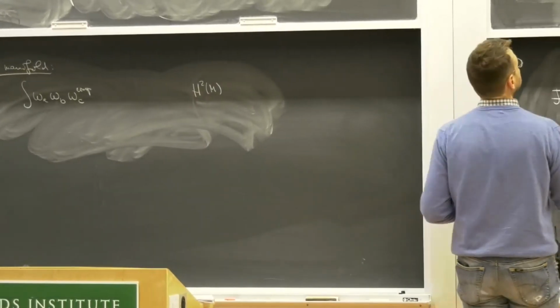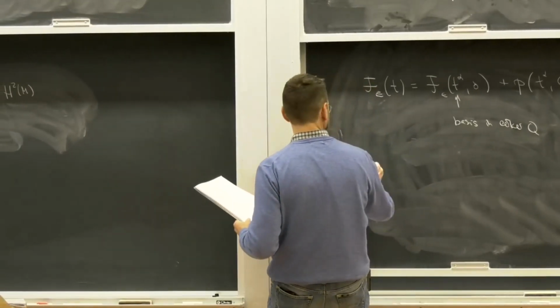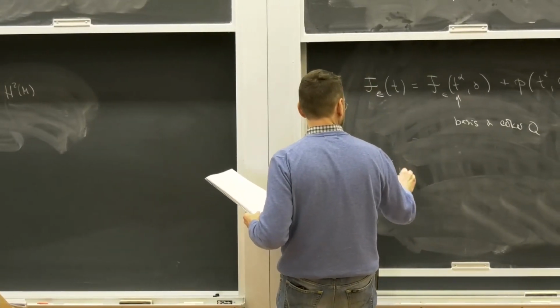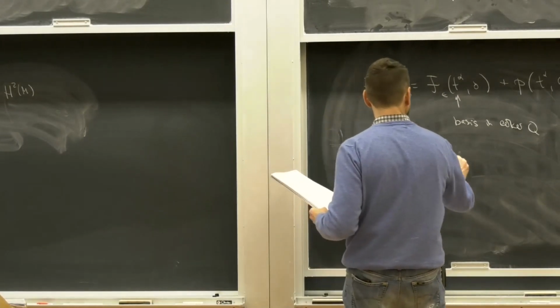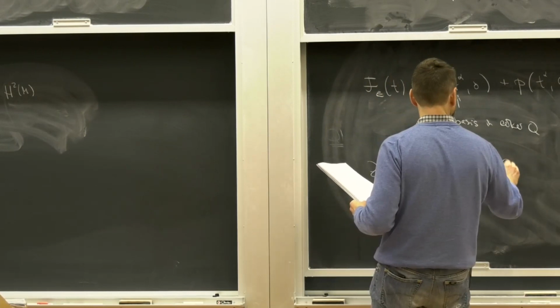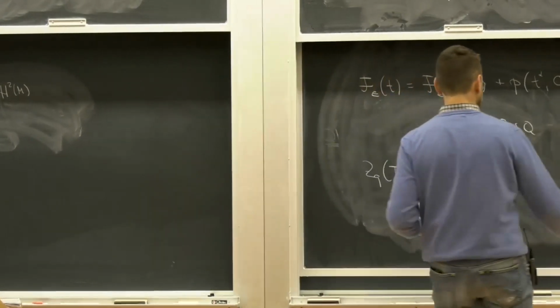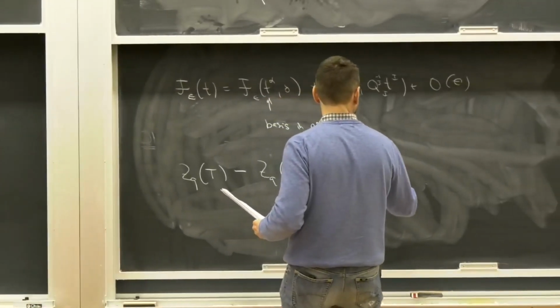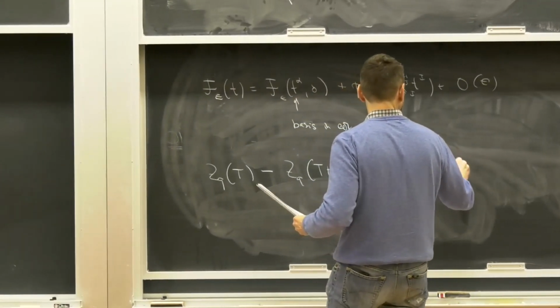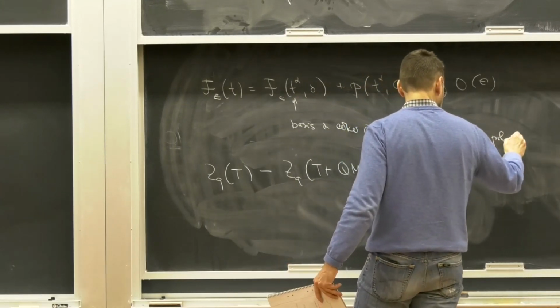The analog shift equation for these guys will look like: zeta q of t minus zeta q of t plus qm. Now these are integers, and this would be equal to a polynomial which depends on tm and q. So it's a polynomial in q.